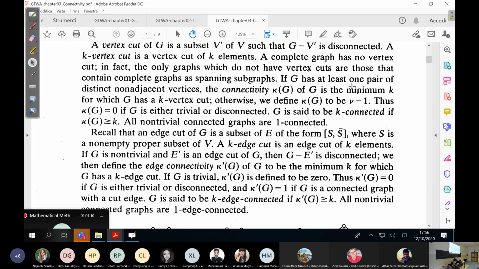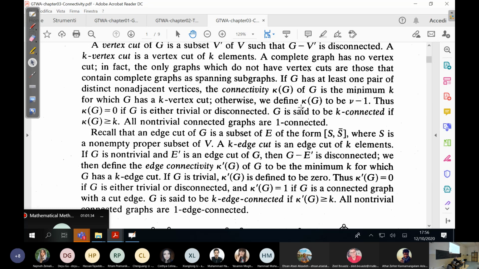If there is at least one pair of distinct non-adjacent vertices, so that your graph does not contain a spanning subgraph which is complete, then we define connectivity, with, again, a Greek letter kappa. Connectivity kappa of G is the minimum K for which G has a K vertex cut.